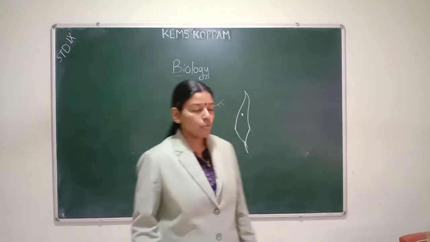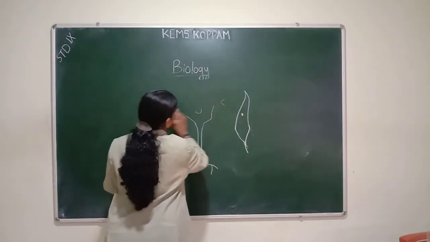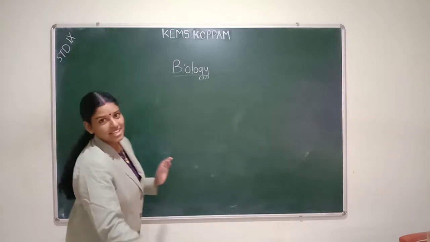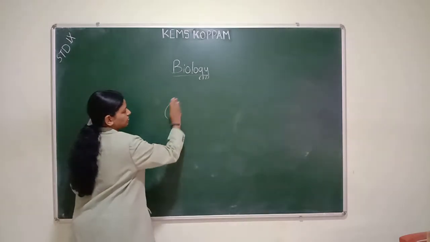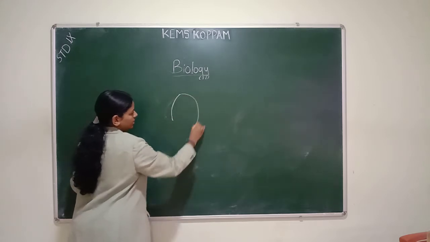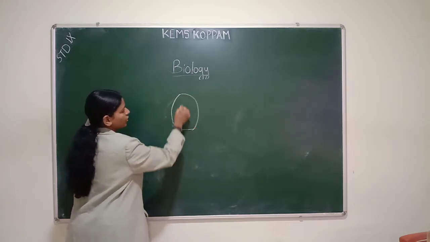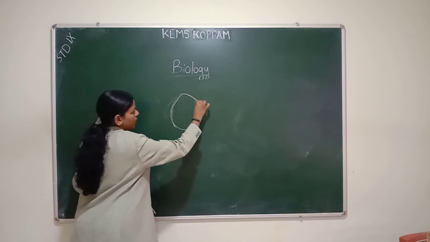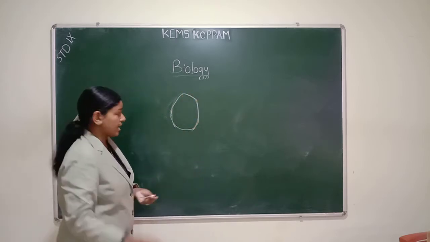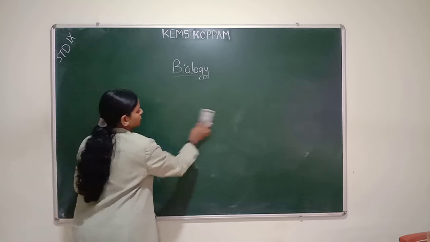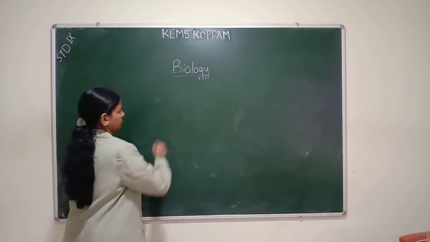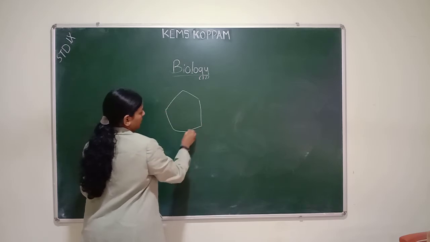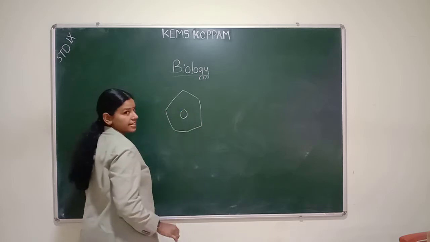Okay. Now moving to the structure of a cell. What is the shape of a cell? It's not exactly round. If we are considering a cell, it has a nucleus at the center.